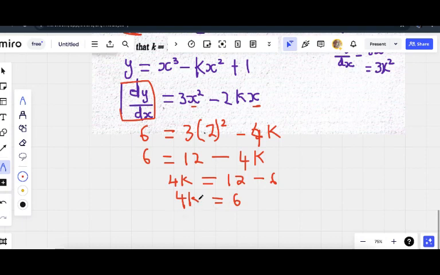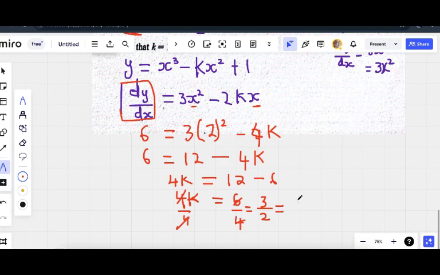Divide both sides by 4 because we're looking for k. You get 1.5. And that's what they say we should prove, that k equals 1.5. You see it? If you divide first by 2, you get 3 over 2, which is 1.5.